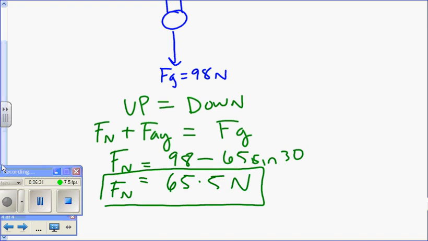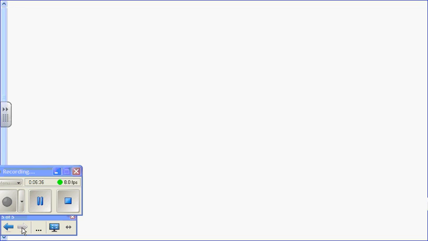Okay, part E is static friction force. To find the static friction force, there's two ways you could do it. The first one is using the formula for static friction.